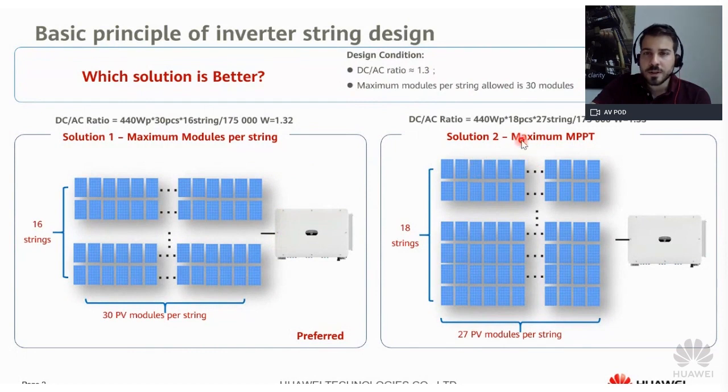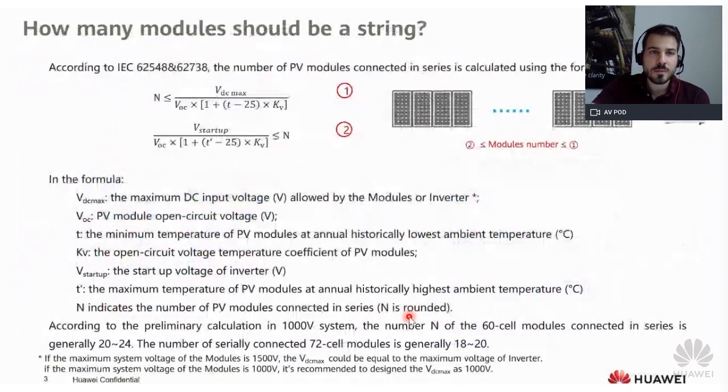For the other, we are using 27 panels per string, and there are 18 strings used. So by this, we are left with a 1.33 DC ratio. It's almost the same, but still, I will show why this one is better.